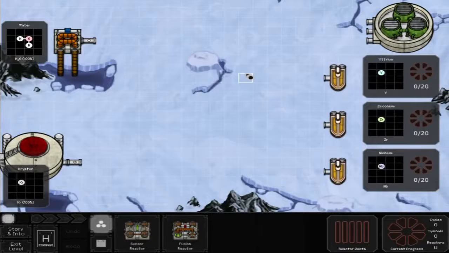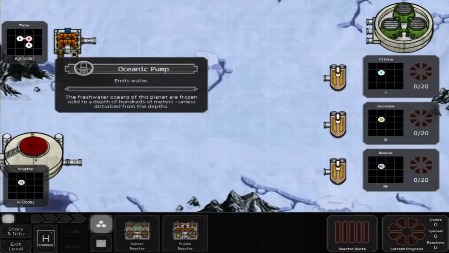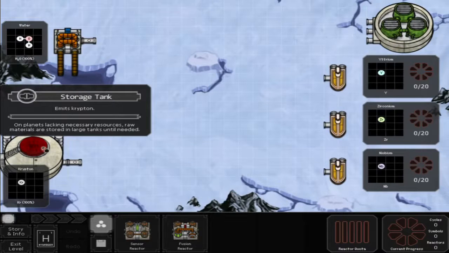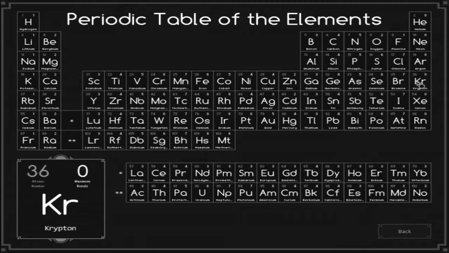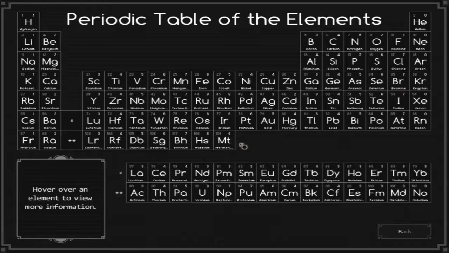This one takes a little while. We've got water coming from the pump. We have a big tank full of krypton, which is atom number 36, so... okay, 109. You can't make any atom with atomic number of 110 or higher. The fusion process will just fail. I was also kind of curious about that.